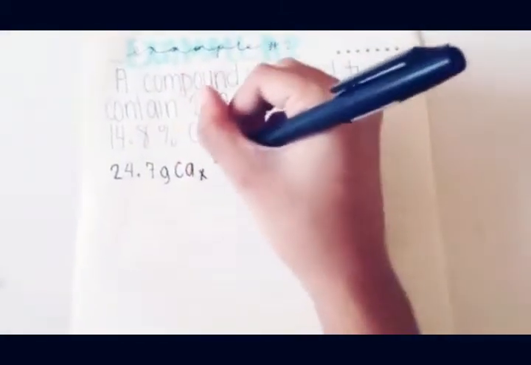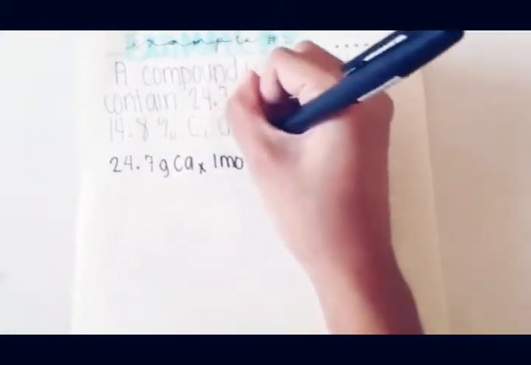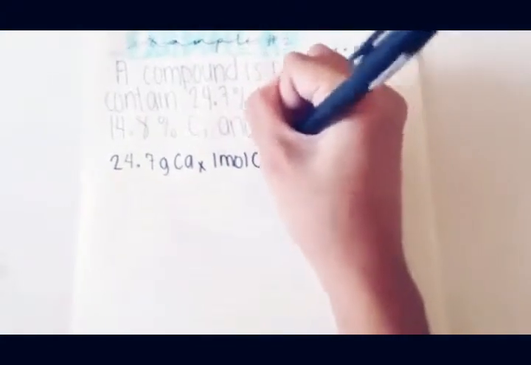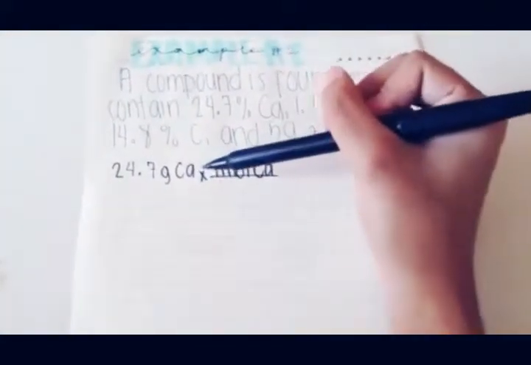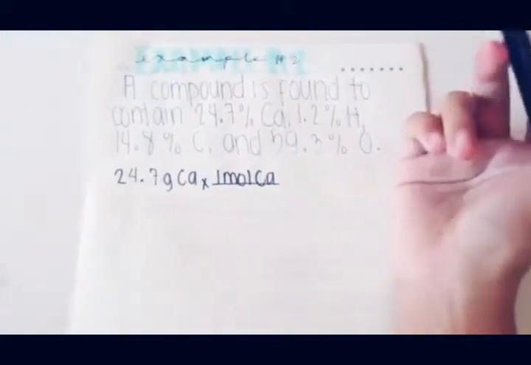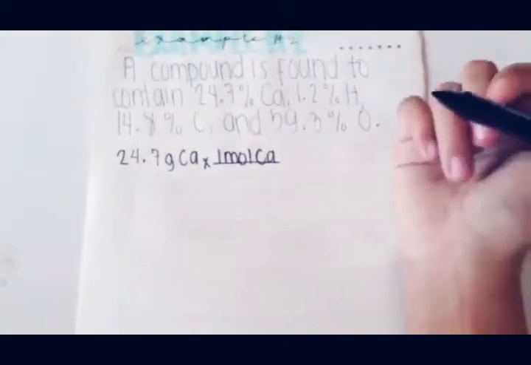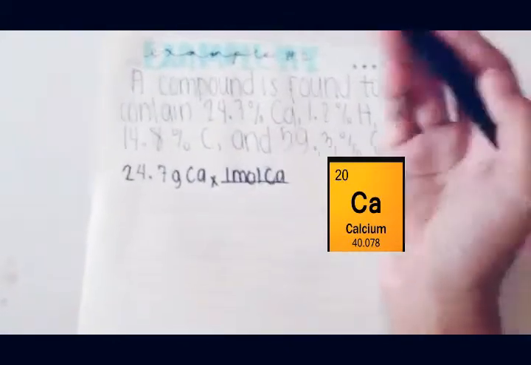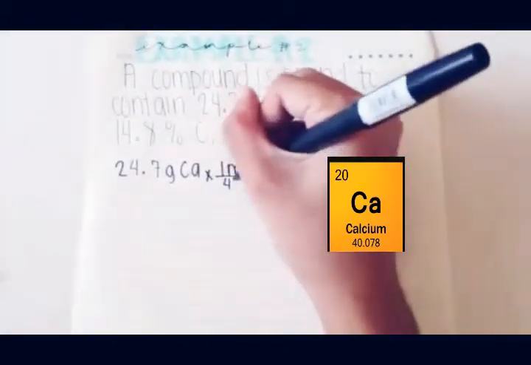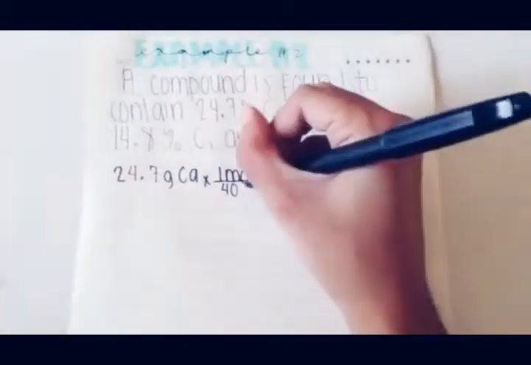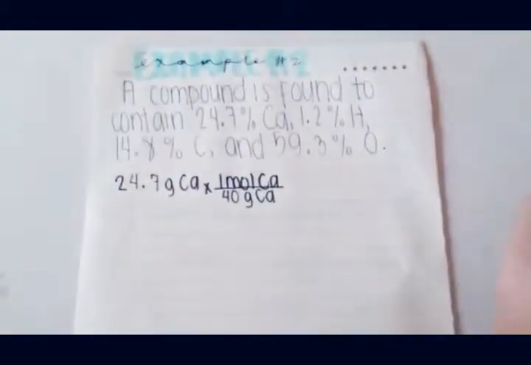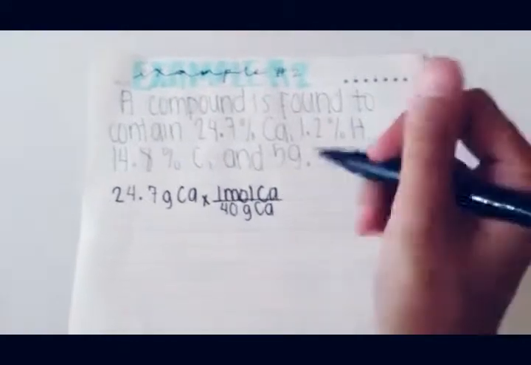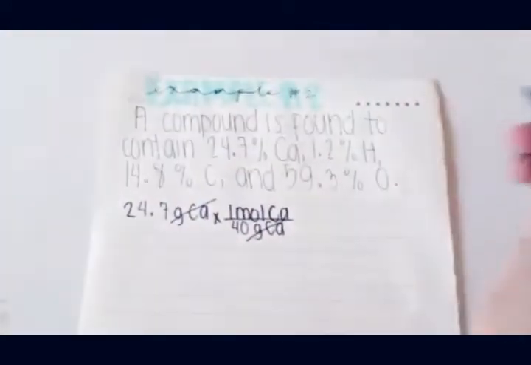So after that, we have to times it by 1 mole calcium over calcium's atomic weight. Calcium's atomic weight is 40. You can look at it in the periodic table of elements. In this situation, again, we have to cancel out the same units so that we don't have a lot of units.